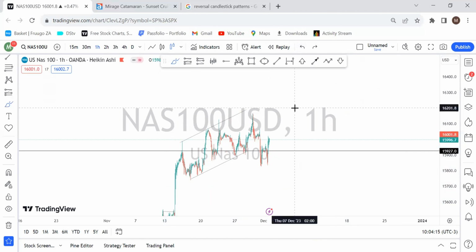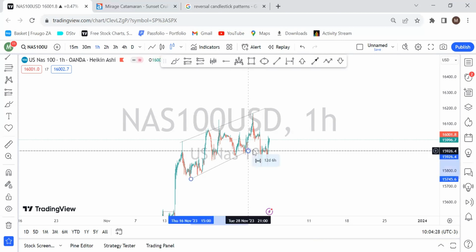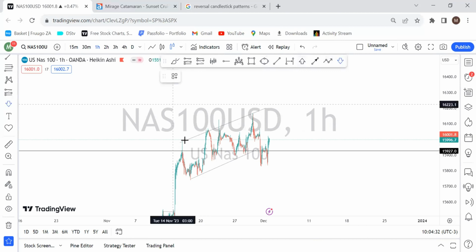So how to catch a sell when the market gives you such a structure. So basically what you would want to see is obviously 3 touches on your resistance, because in the case of a sell, we focus on the resistance.